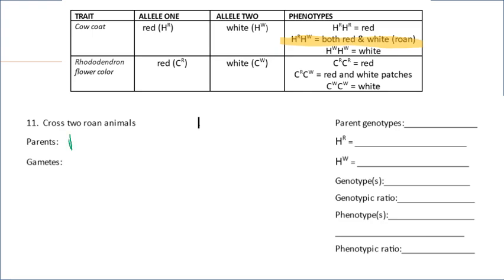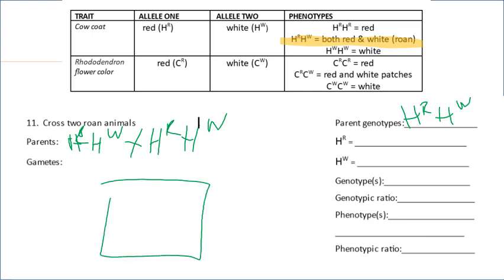So I would say, okay, I got HR HW times HR HW. Same thing as this one right here. So I just write that twice. I'm running out of room. Then I'm going to make my Punnett square here.